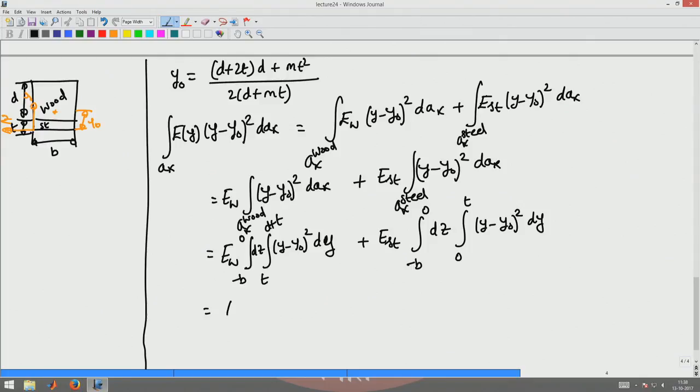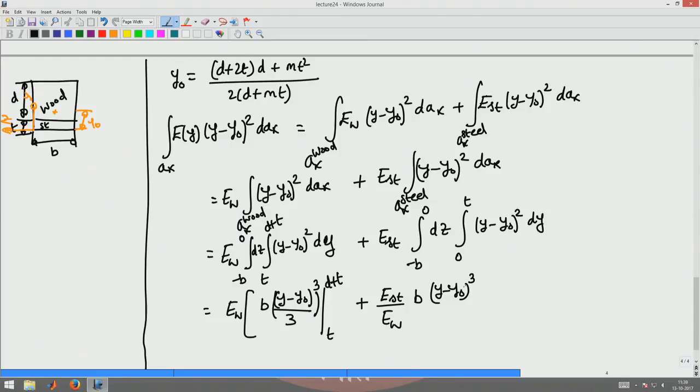So, this will be E_W, if I pull it out, it will be b, dz is integrated, dz is z, when I apply the limits it will be b into (y minus y naught) whole cube by 3 from t to d plus t, plus E_ST by E_W into b, again integrating dz you will get z, from minus b to 0 will be b, and this will be (y minus y naught) whole cube by 3 from 0 to t.